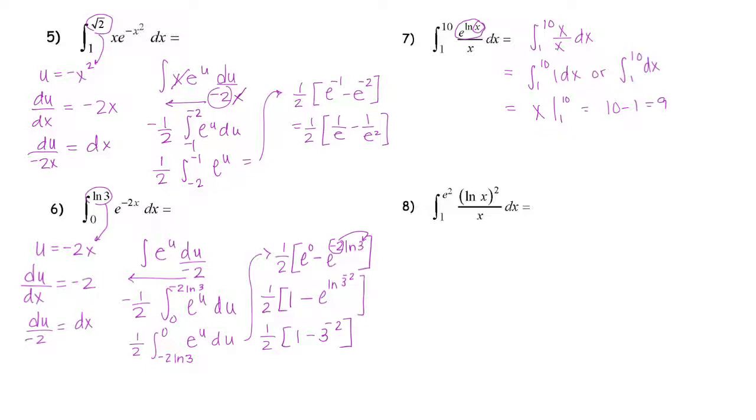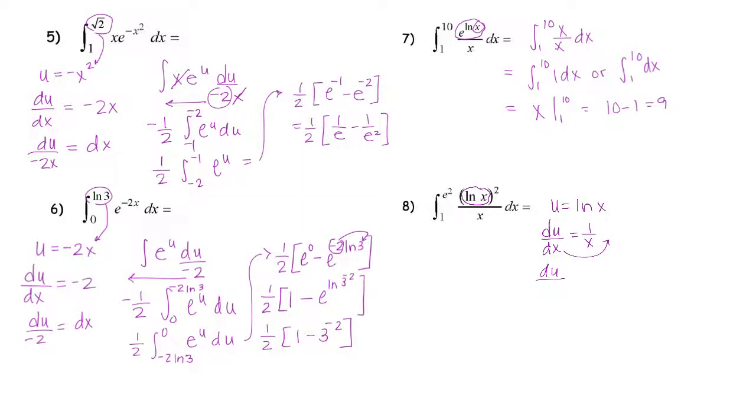All right, moving on to number 8. And again, it looks very complicated, but I would do a u substitution here. I would let u be the natural log of x, because again, that's our inside function here. So du dx is going to be 1 over x. And so in our rearranging process, here I would move our dx over.